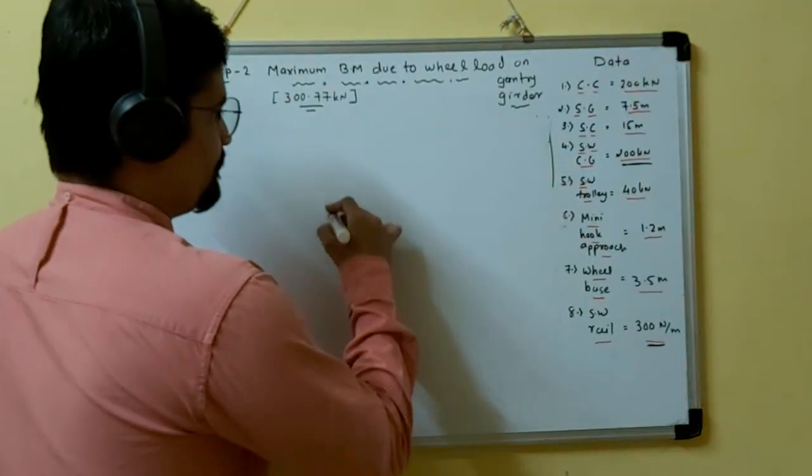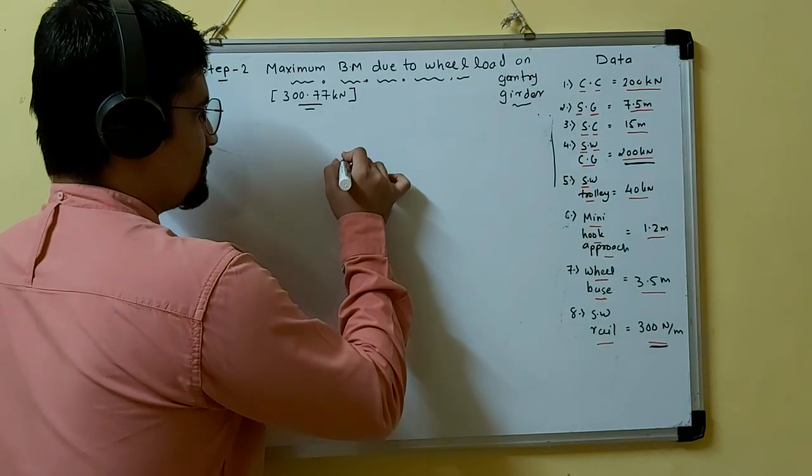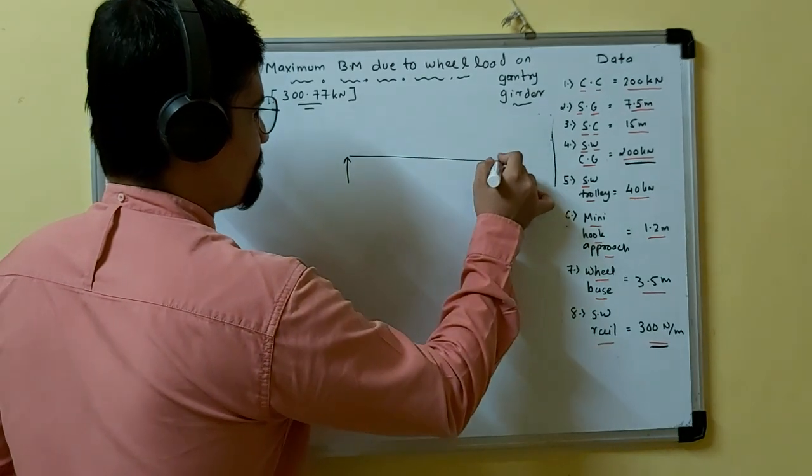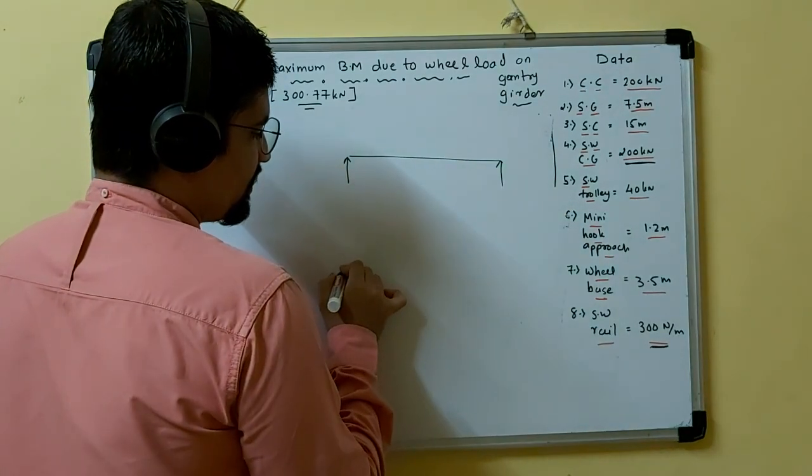In general, if the figure is like this, your bending moment diagram will be like this.